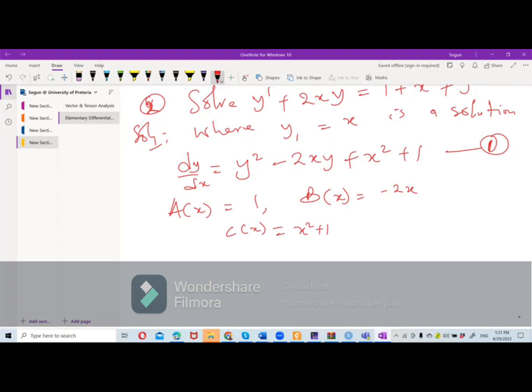So in this case now we said let y equals to... remember when we said let y equals to y1, but in this case we have x and y. We said y1 equals to x. So let y equals to x plus 1 all over v.